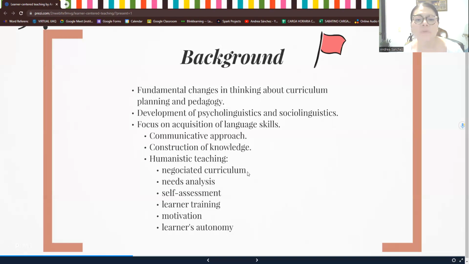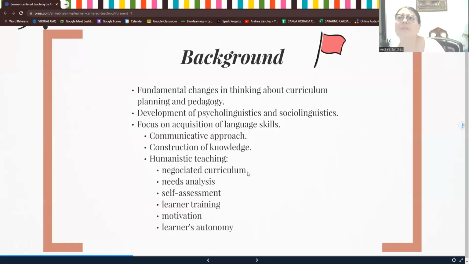Self-assessment. If you remember, we were discussing assessment, which is also a synonym of evaluation. Evaluation is a very important aspect in any course in education. If we don't evaluate, we cannot actually know if our students are reaching the goals that we proposed in the beginning of the course.